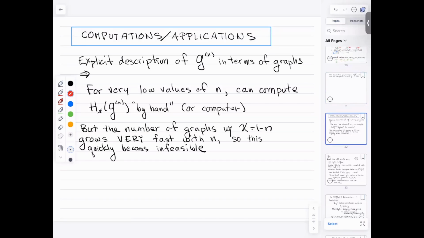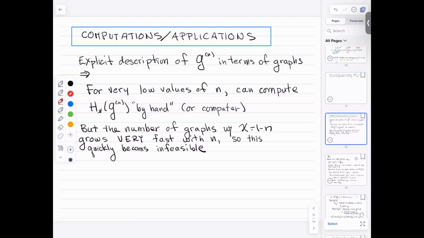Okay, so we have this nice interpretation of Kontsevich's graph complexes in terms of these spaces. So what can we do with this? Why is this useful? So we have a very explicit description of these complexes in terms of graphs.